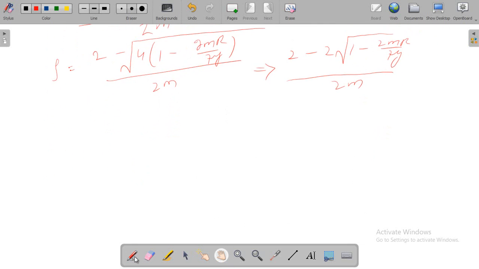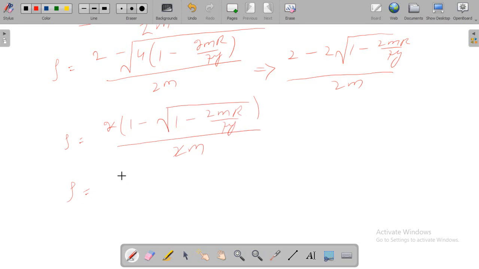So finally what we have next, rho equals, taking 2 common, 1 minus under the root 1 minus 2MR divided by Fy divided by 2M, 2 cancels with 2, so rho equals 1 over M, 1 minus under the root 1 minus 2MR divided by Fy.